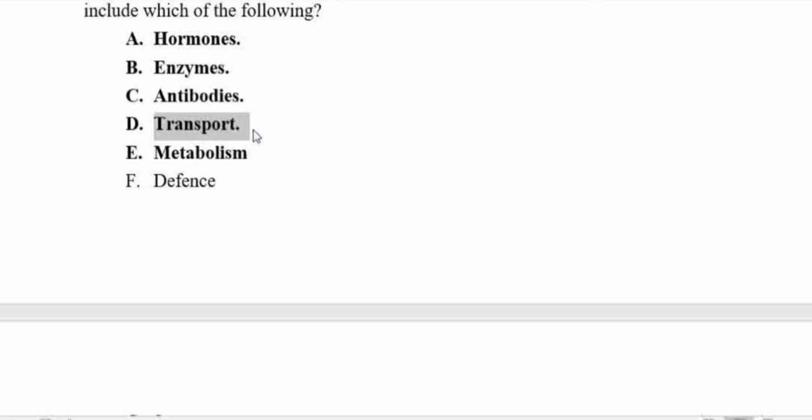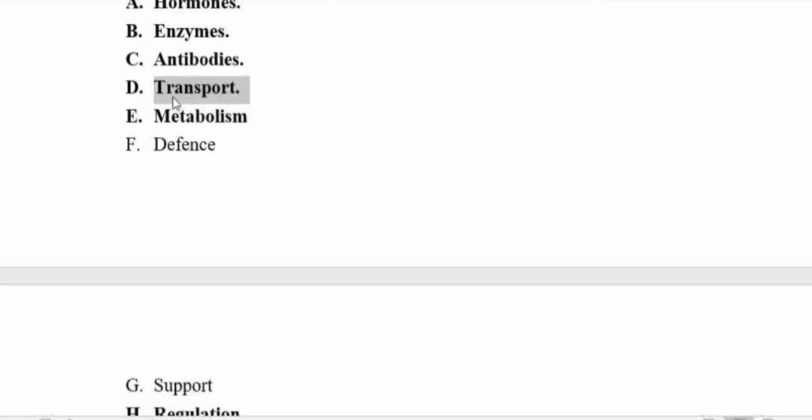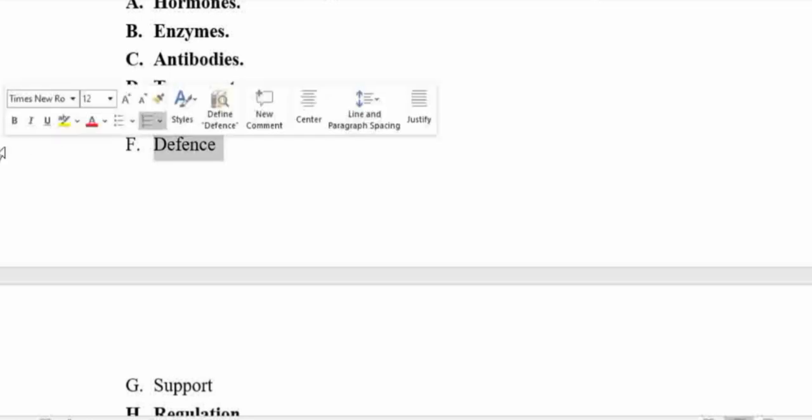And by so doing, the oxygen can be transported to all the parts of your body where you really need oxygen. That function, we can refer to as the transport function of protein.